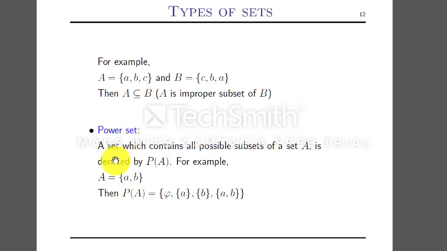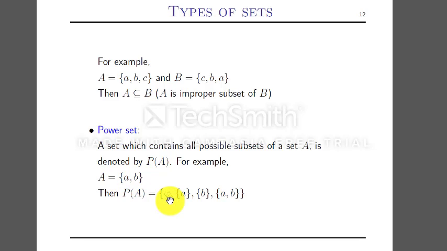Power set. A set which contains all possible subsets of a set A is denoted by P of A. For example, there is a set A = {a, b}, and there is another set labeled P of A, which means the power set of A. The power set of any set contains all possible subsets of that set.